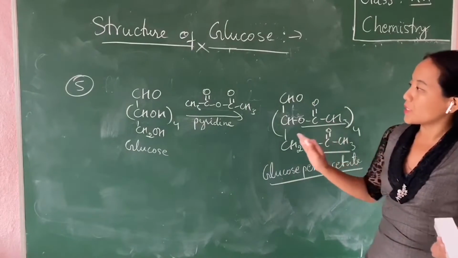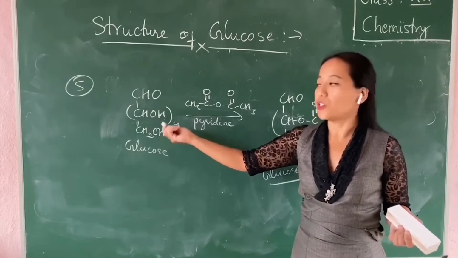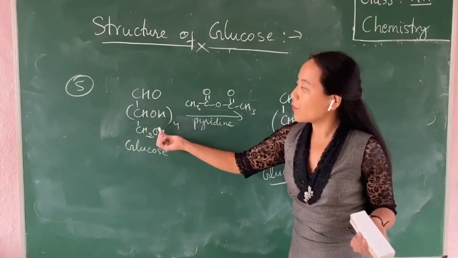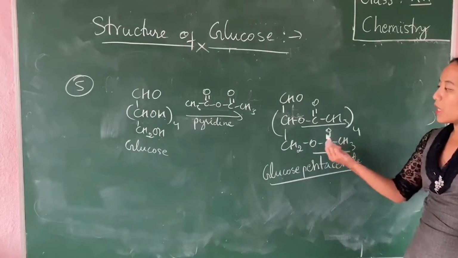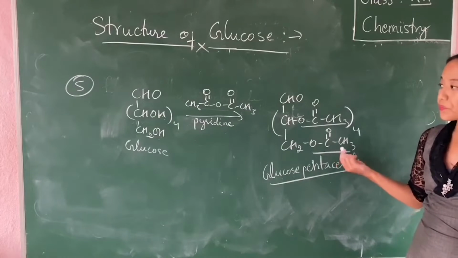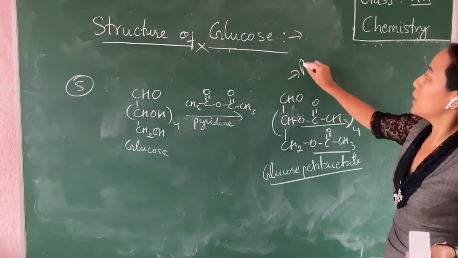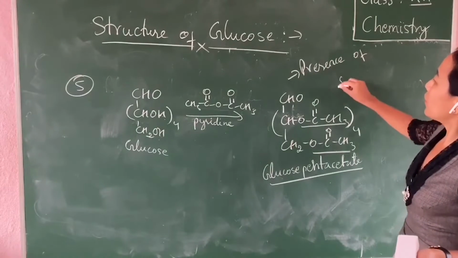This shows the presence of 5 hydroxyl groups, 4 OH here and then 1 OH, total 5 OH groups. Because of the presence of 5 OH groups, you got a compound which contains 5 acetate groups. So this confirms the presence of 5 OH groups.